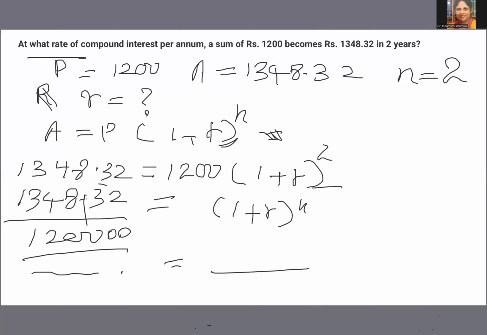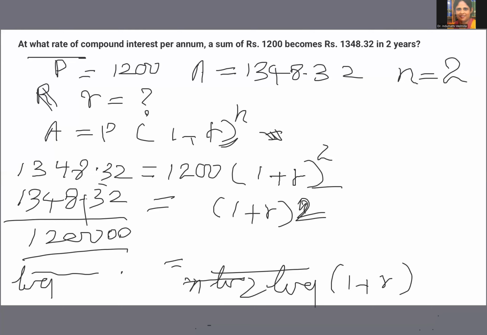Then after that you can simplify. The easy method is taking the log value, right? By this one side you can go to the log value. When you take the log, on the other side it becomes n log, and n we know is 2, right? 2 log 1 plus r. So when we simplify this one, I'll propose the easy method, right?